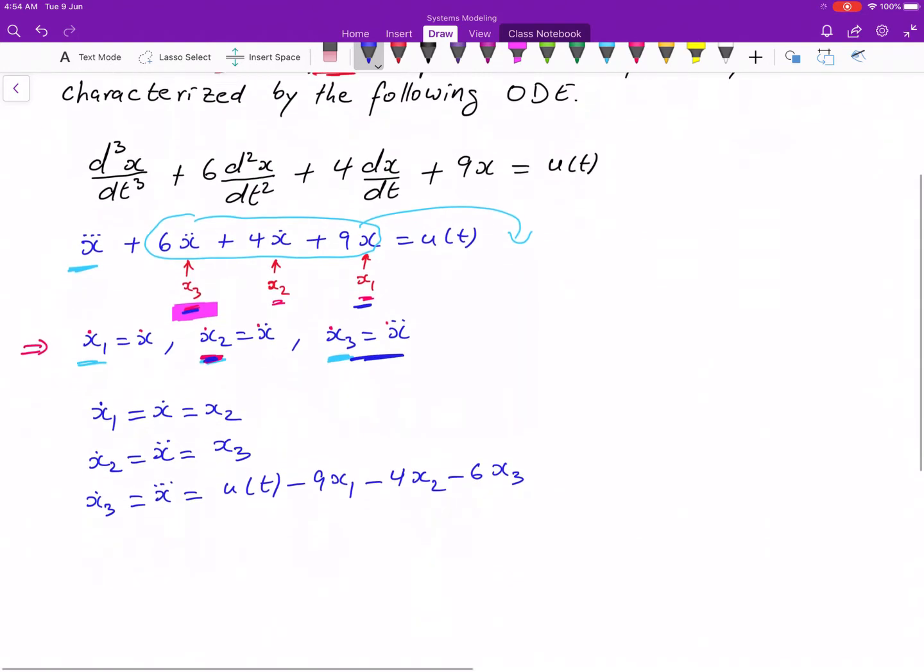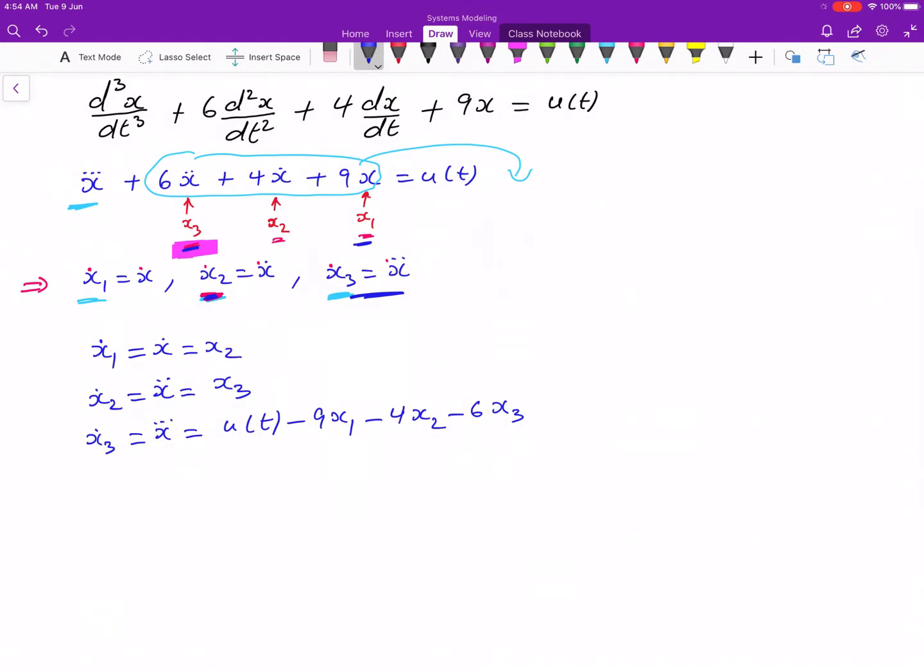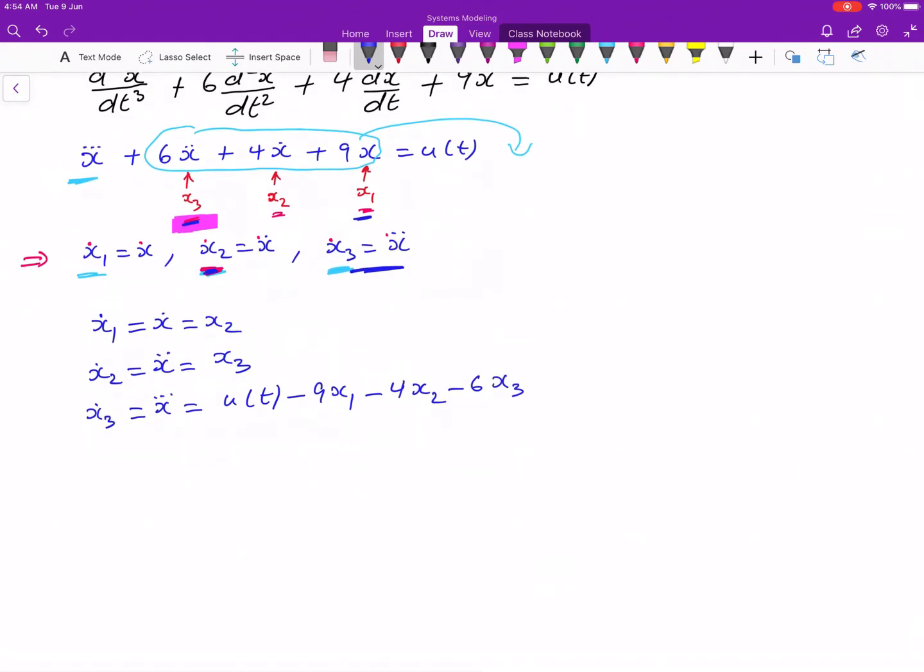Now we can pull out our state equations, because remember, these are our three state equations. We are going to have our state equation x1 dot, x2 dot, x3 dot.